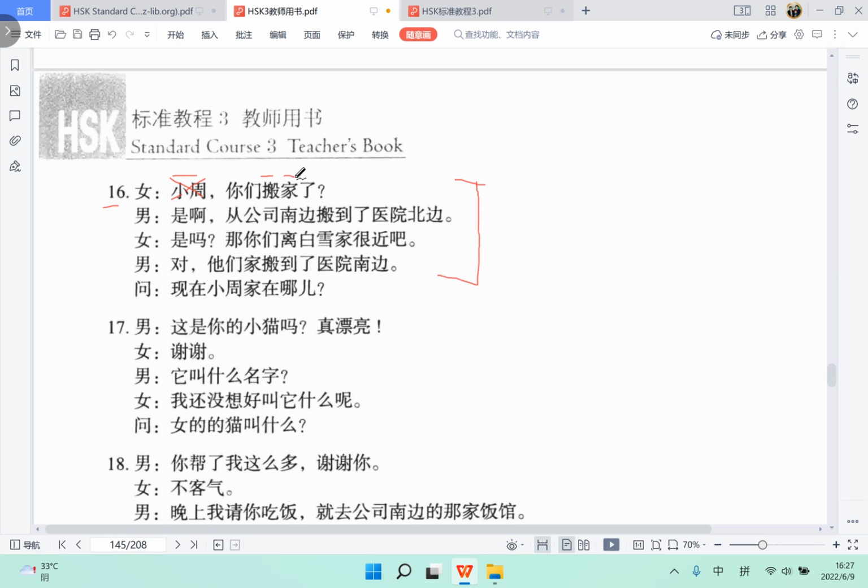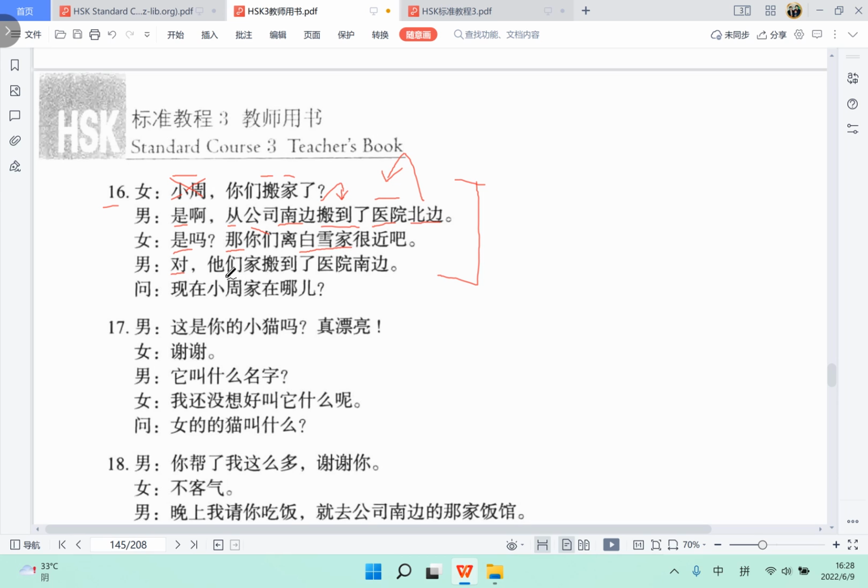So you changed home. 是啊，从公司南边搬到了医院北边。So from the south side of the company moved to... so 搬到 here is a result complement, 也是结果补语. 医院北边, the north side of the hospital. 啊，医院北边是吗？那你们离白雪家很近吧？So your distance from 白雪, this is a person, 白雪's family is very close.